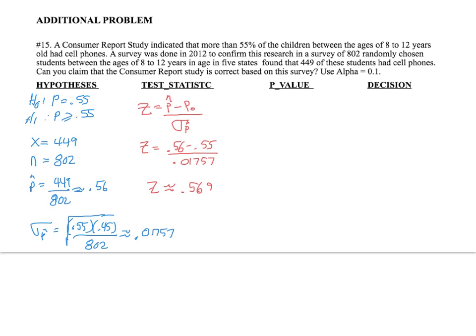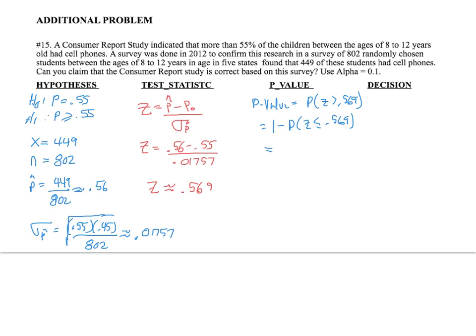The p-value is equal to the probability that z is again greater than 0.569, right? And so in this case, we're using the table, so we have to go 1 minus the probability that z is less than or equal to 0.569.